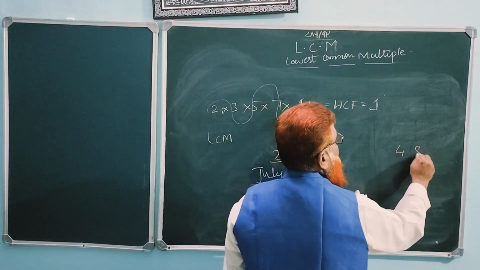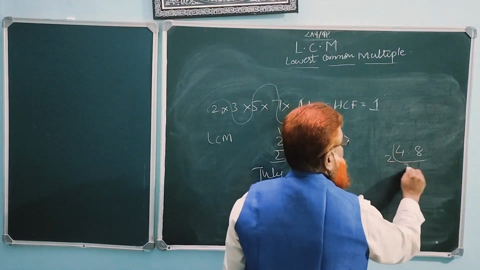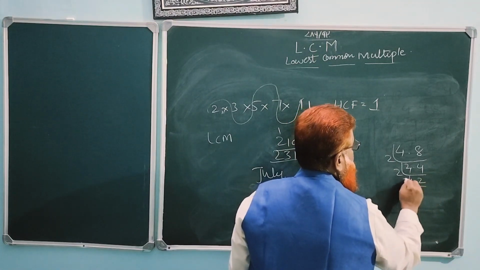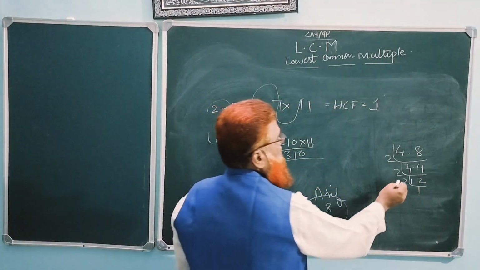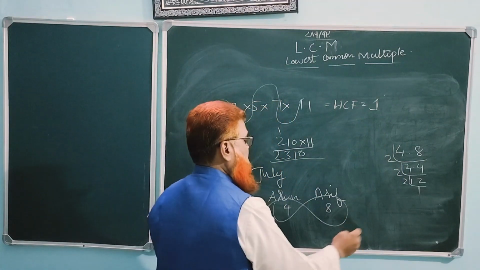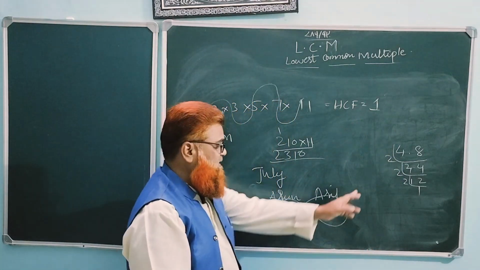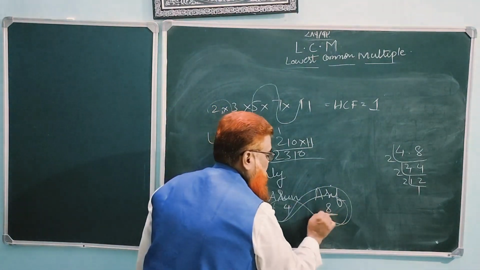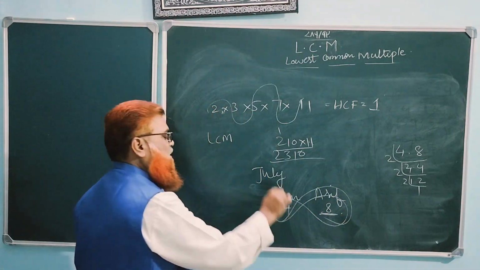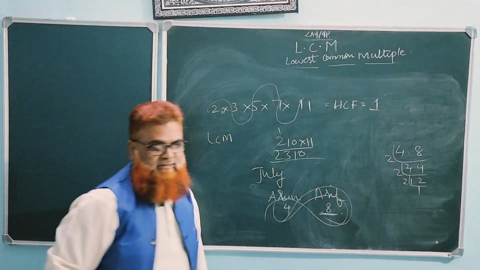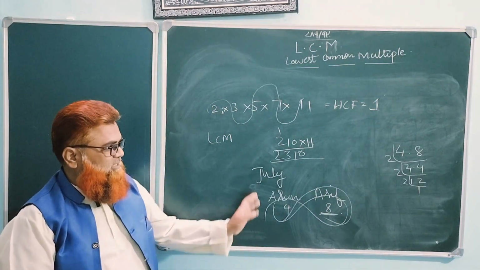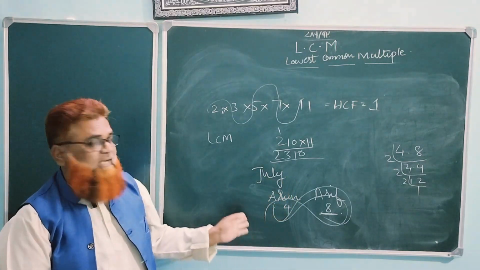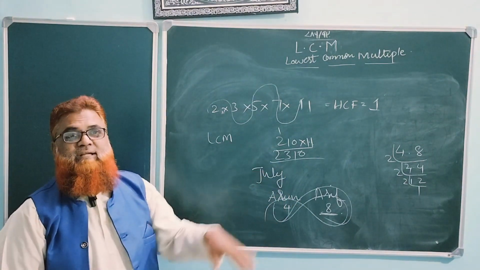So find the LCM of 4 and 8. 2 2s are 4, 4 2s are 8. So on the 8th of that month, both Arun and Asif will meet, isn't it? 8th is the next. Then what is the next date that they will meet?